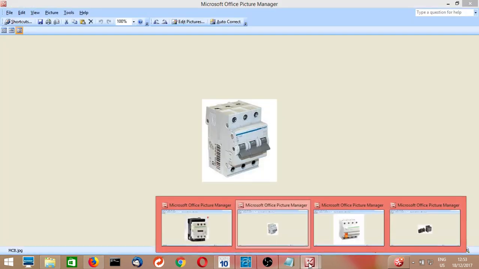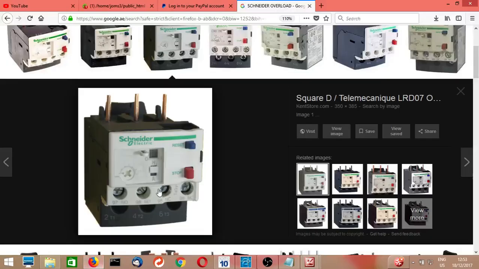Here, 1, 2, 3, 4 screws are at the top side. At the bottom, the main power going to the motor connects to the three bottom screws. The small screws on the top side are used to connect the control circuit. Here this NO is the normally open contact, and this NC is the normally closed contact.